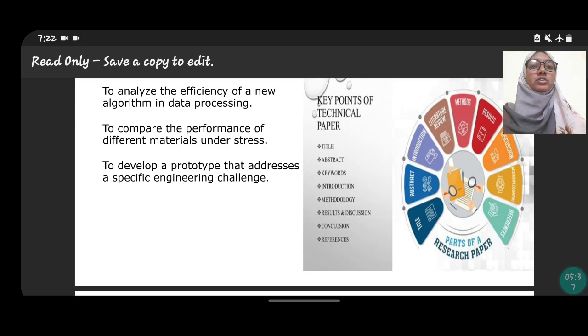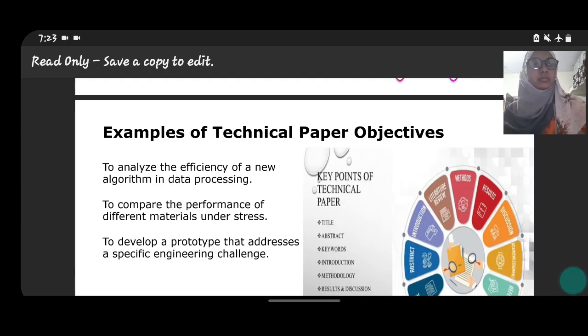We can use flowcharts and algorithms. Examples of technical paper writing objectives: to analyze the efficiency of a new algorithm in data processing, to compare the performance of different materials under stress, to develop a prototype that addresses a specific engineering challenge.